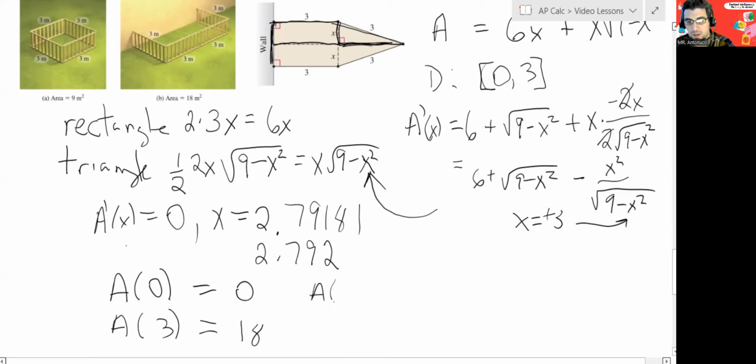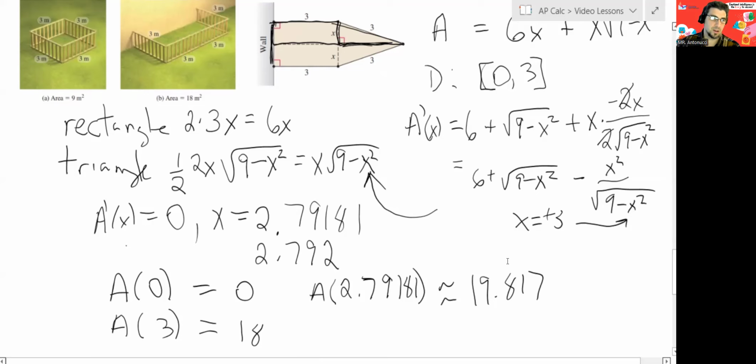And if you evaluate the function at 2.79181, you're going to get approximately 19.817. Now, I will say, because 2.79181 is not your final answer, you're going to want to not round that. You want to go out as many decimal places as you can, and then use that to get your final answer for the area.